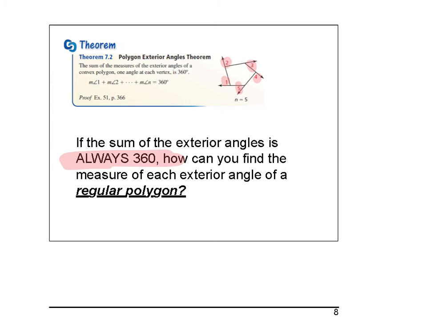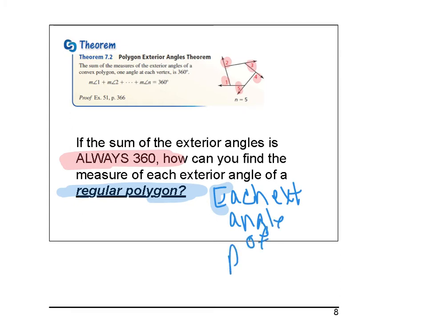But if it is a regular polygon, and we want to know what each exterior angle is, we are going to take all of them together, which remember, if it's the exterior angles, it always adds up to 360.